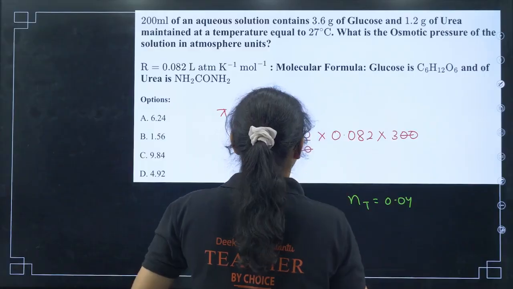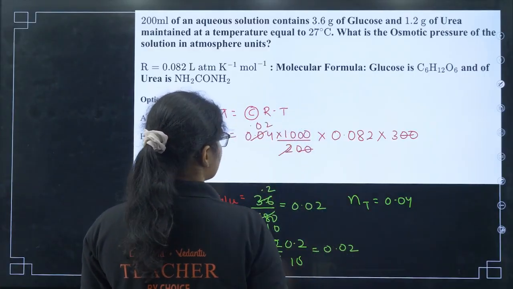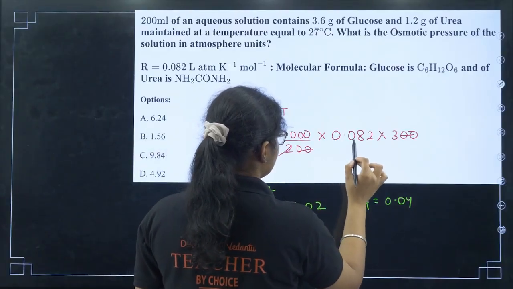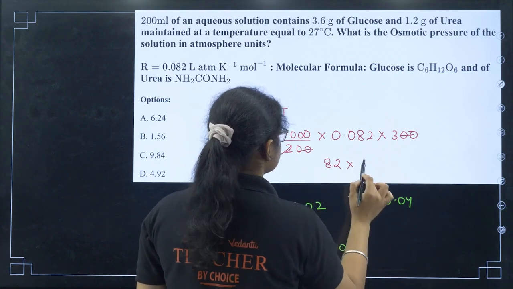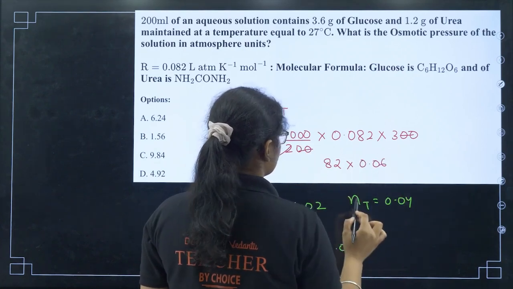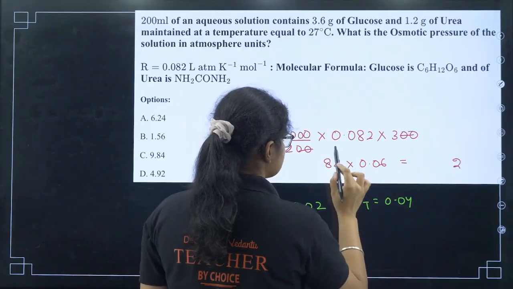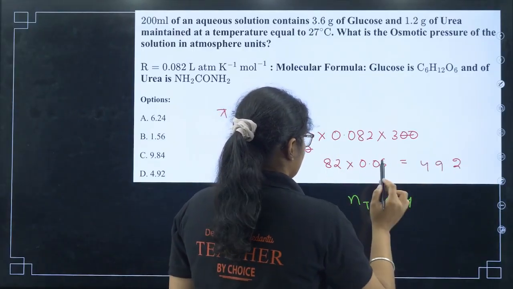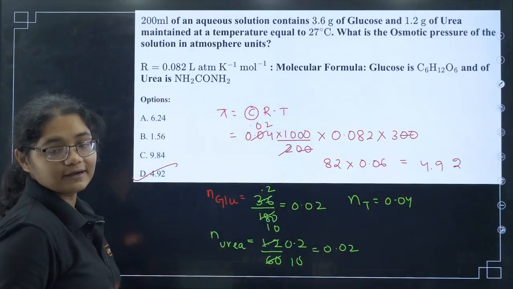Okay, now if I just multiply, I will get 4.92, so that is option number D here.